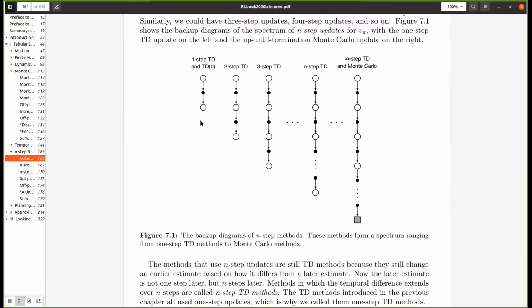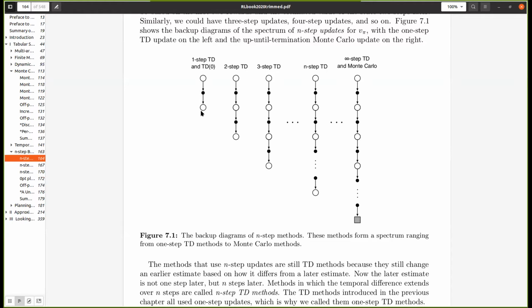From this backup diagram, it's evident that the limitation of the Monte Carlo method is that we need to reach termination before we do any updates. And the limitation of the one-step temporal difference method is that we are dealing with a short horizon in the future, right?